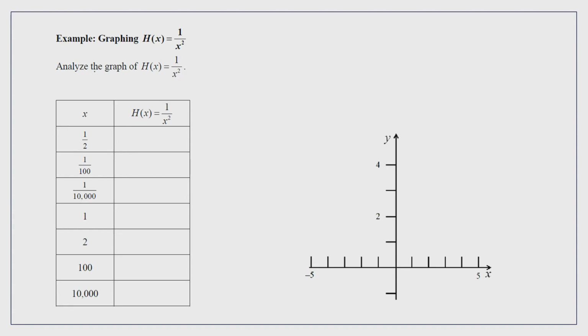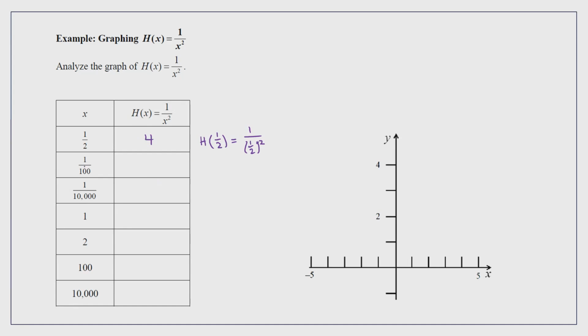So when we substitute in 1/2 for x, all right, we'll evaluate h when x is 1/2. We are substituting in 1/2 for x and then simplifying. So when we simplify this ratio, we'll get the value 4.